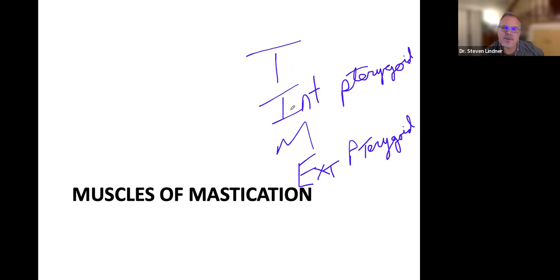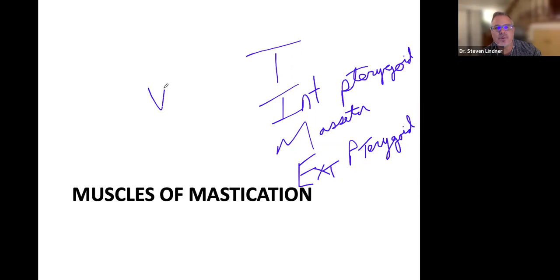Now remember, sometimes internal pterygoid is the medial pterygoid and external pterygoid is the lateral pterygoid, because internal is medial, external is lateral. So we have temporalis, internal pterygoid, masseter, and external pterygoid. Those are the four muscles of mastication.